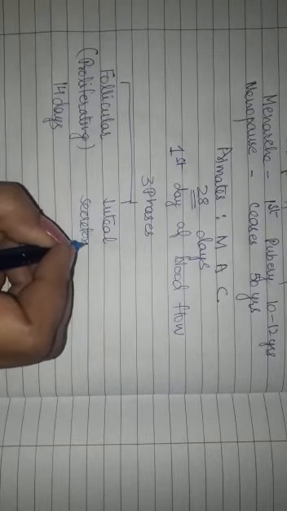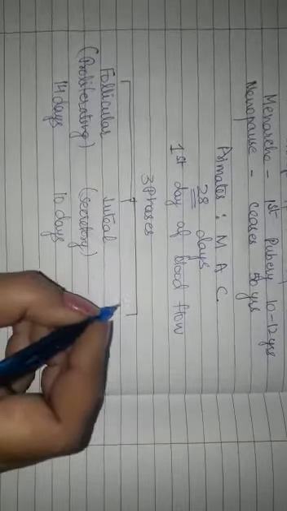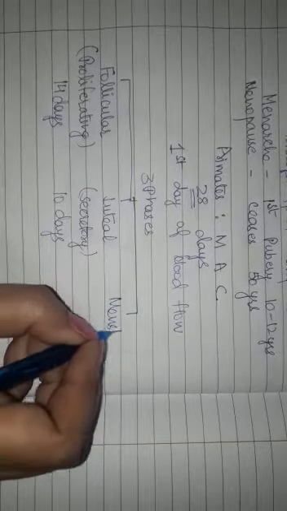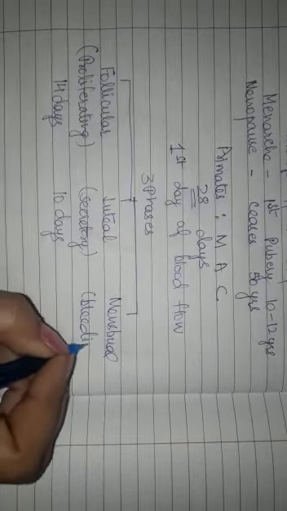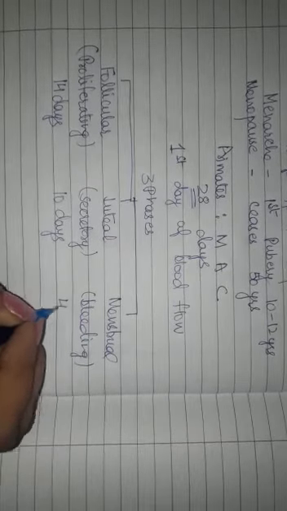This phase is also known as secretory phase, which lasts for 10 days. And the third phase is the menstrual phase, or it is also called the bleeding phase, and it lasts for 4 to 5 days. Now, let us begin with the first phase, that is the follicular phase.